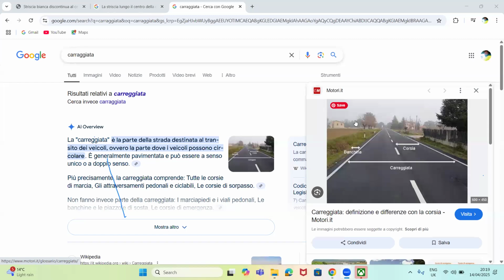In a situation of senso unico, only senso unico, we know senso unico means they are going in the same direction. Simple. And there's a discontinuous line in the center of the carreggiata. If I want to turn to my left, how do I turn to my left, sir? You're thinking about the carreggiata on your left side.